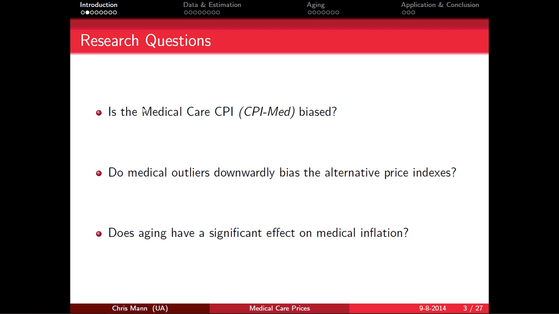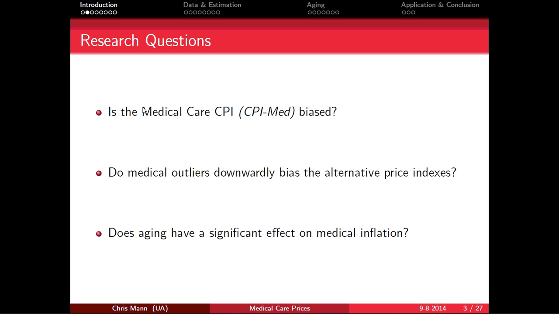And so the emphasis of this paper is trying to determine, first, is the medical care component of the CPI actually biased? Does this component accurately reflect the inflation rate for medical care in the United States economy?